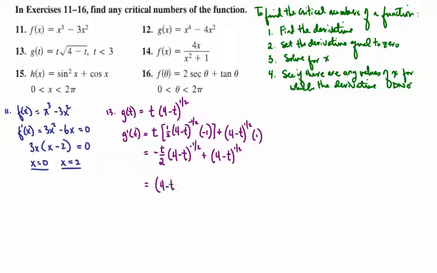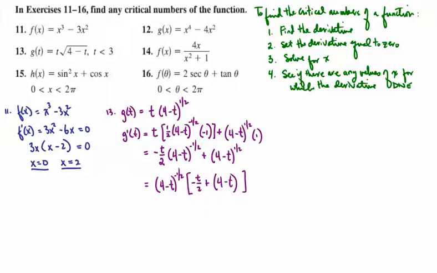4 minus t to the negative 1/2. We always take out the smaller of those. Negative t over 2 plus, now we have 4 minus t. The question is, what does the exponent need to be there? Well, when we multiply two numbers with the same base, we add our exponents.